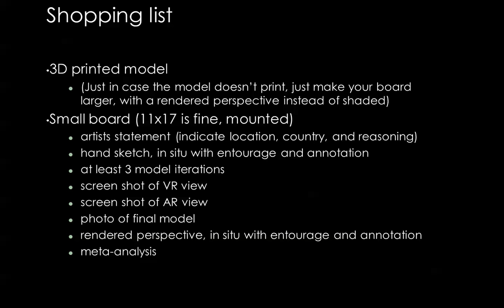Anyway, there's at least three different iterations of your model, so you should save your model as you work on it in Revit, at least in three different stages, so that we can see how it developed. And that may be from drawing a cube first, and then saving that view, and then additional views. And there's a number of other elements, including a photo of the final model, which, if we're lucky, we'll get some high-quality photos out of the photo lab.